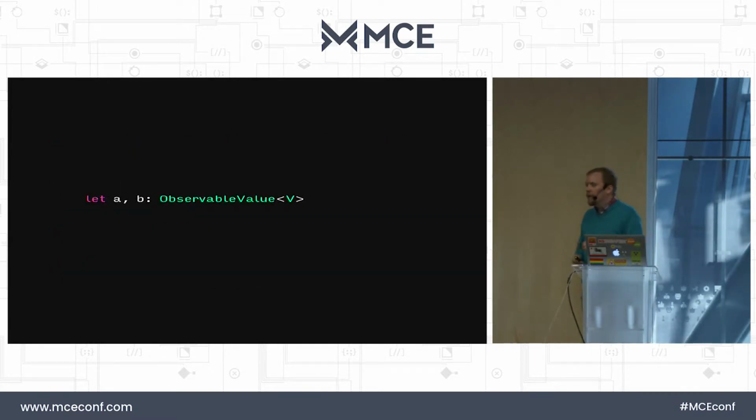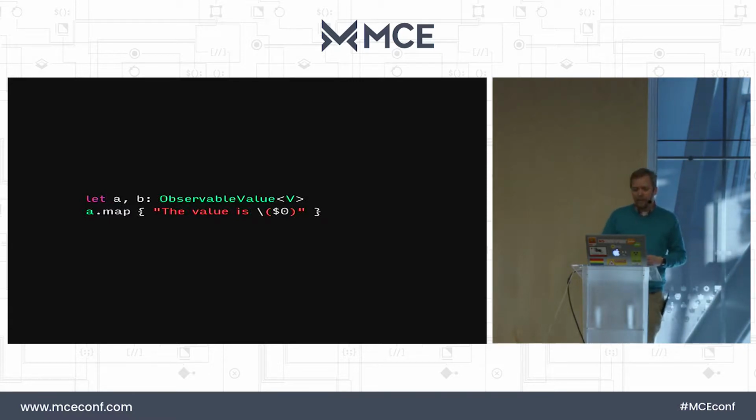In general, if we have a unary operation, we can use this map function to lift it to the corresponding observable representation. Okay, so in this case, whatever v is, we use this closure to transform v into a string, and we use this map function that works on an observable to create an observable mapping from v to an observable string.